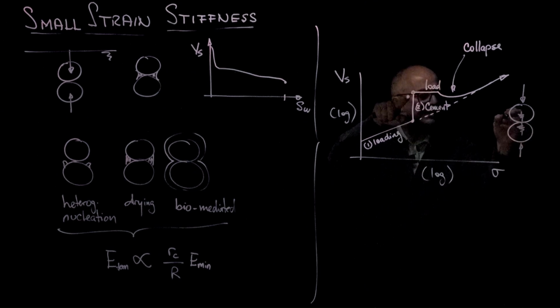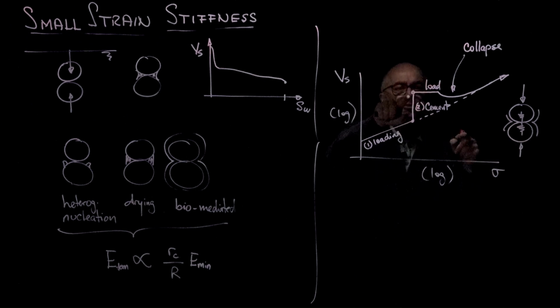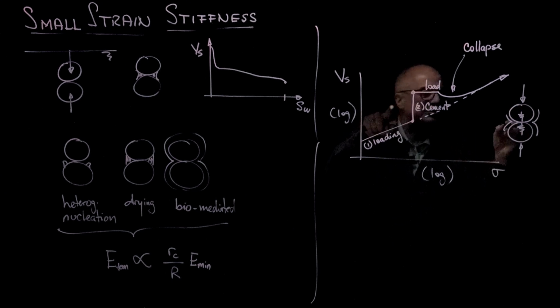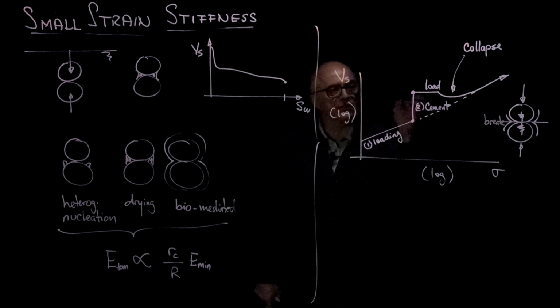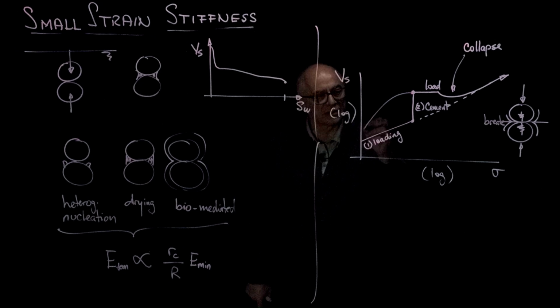And now the cementation came, but the cementation has no load. The particle is carrying the load. So if you unload it, this spring wants to stretch out, and the cementation that had no stress all of a sudden is put under tension. So the cement will break here.